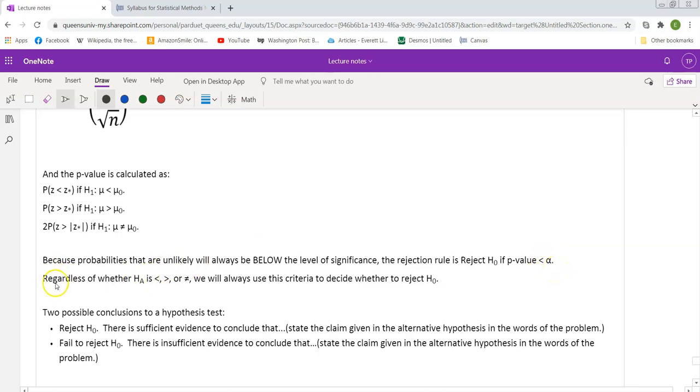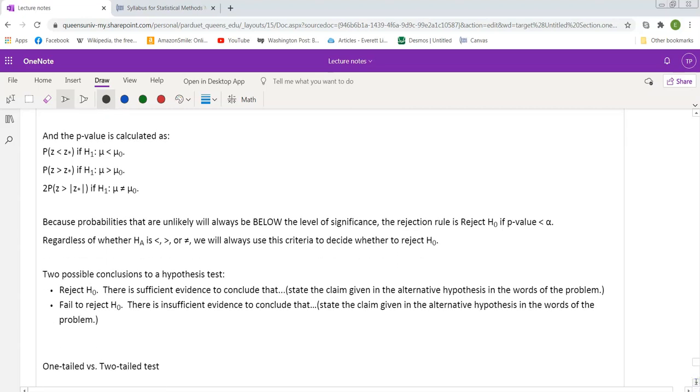And again, regardless of what direction that is, we're always rejecting H0 if the p-value is less than alpha, or the level of significance given in the problem, which is usually 0.05 or 0.01. More on that in a bit.